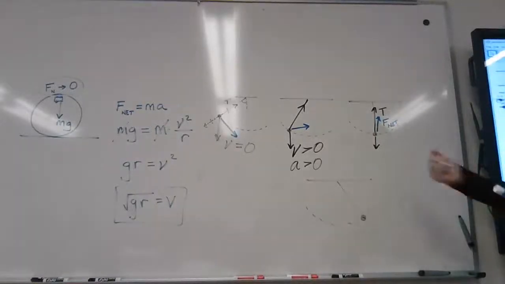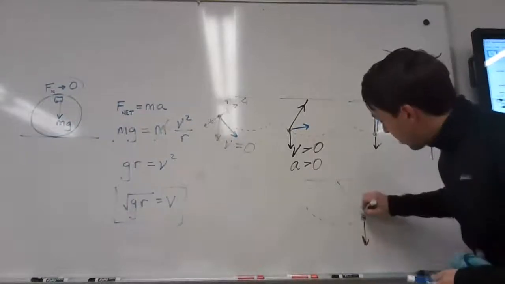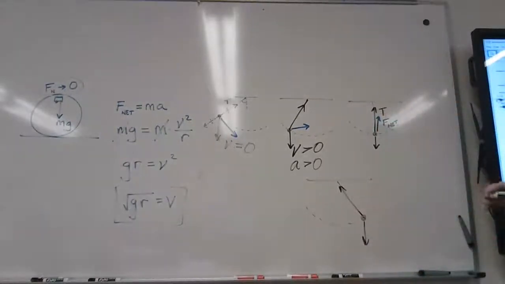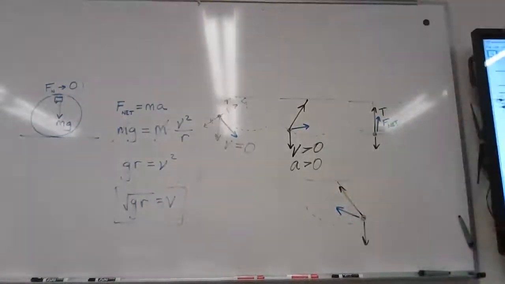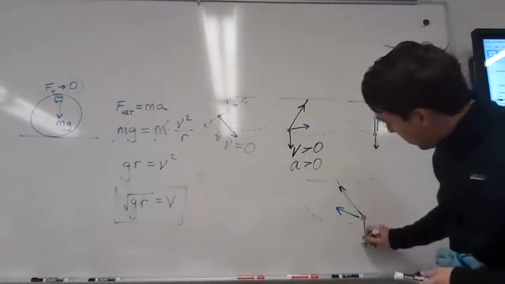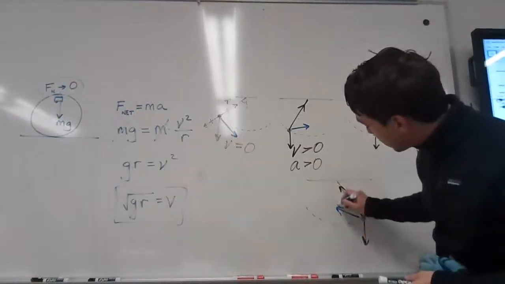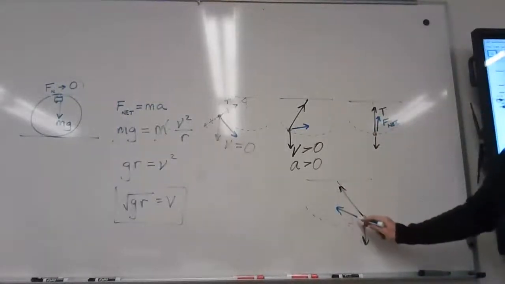And then on the other side, it's just a mirror image of this. So you've got gravity, you've got tension, and the net force points like that. If I draw the little box, you add up two vectors: vector 1 plus vector 2 makes the net force vector.